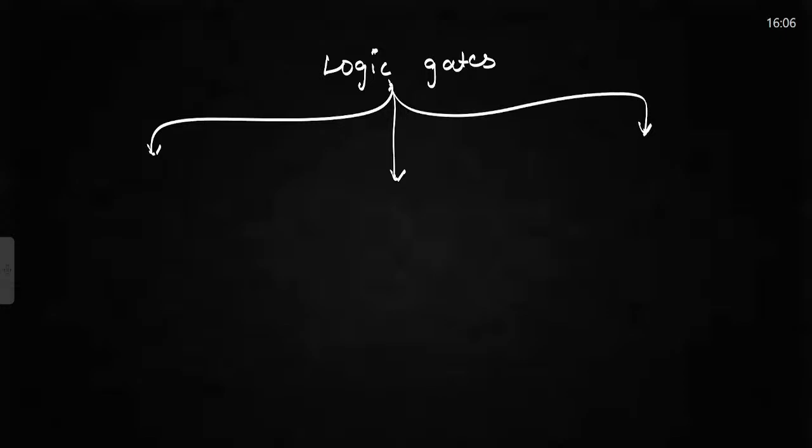One type of gate is known as basic gates, universal gates, and another are arithmetic gates.